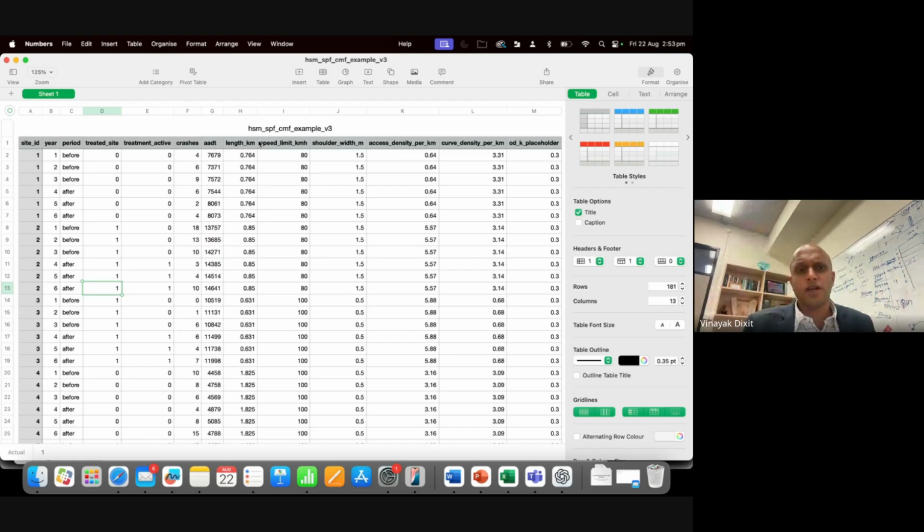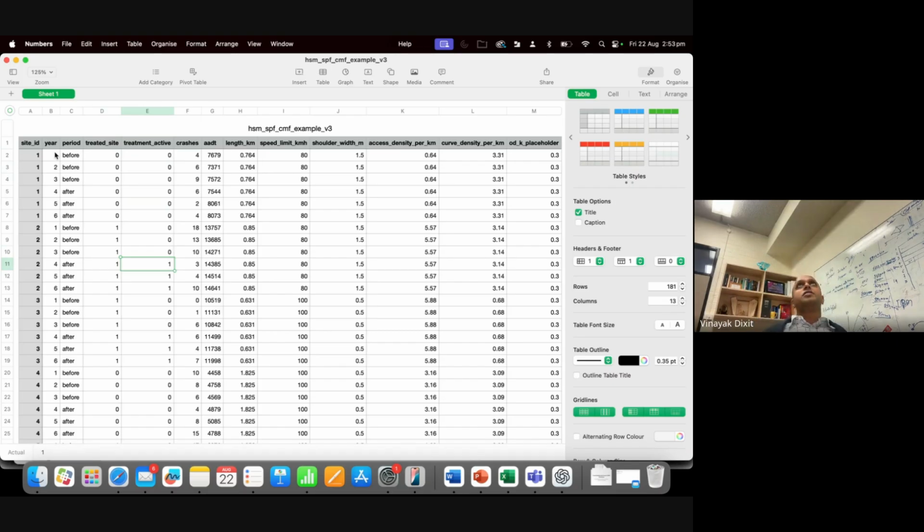Generally you have a data set which looks like this. It gives you the year, 1, 2, 3, and the ADT. Usually you don't put year and period in the model. You might put whether there is a treatment or not, and whether the treatment is active or not. You might have put it in, but it might not be active.